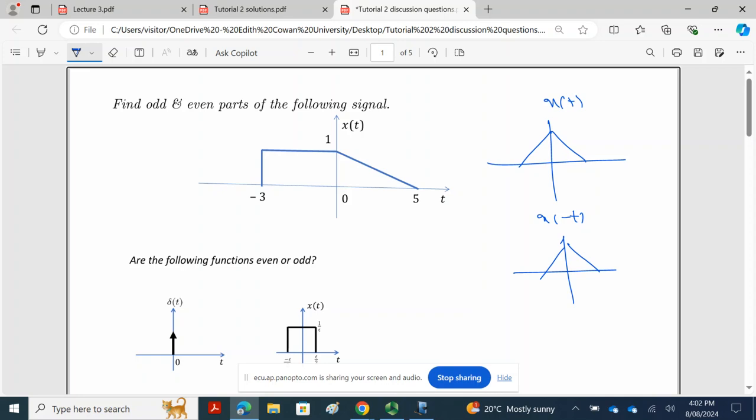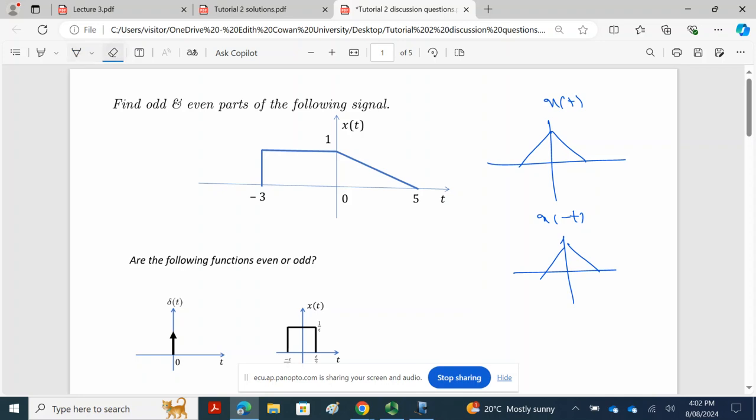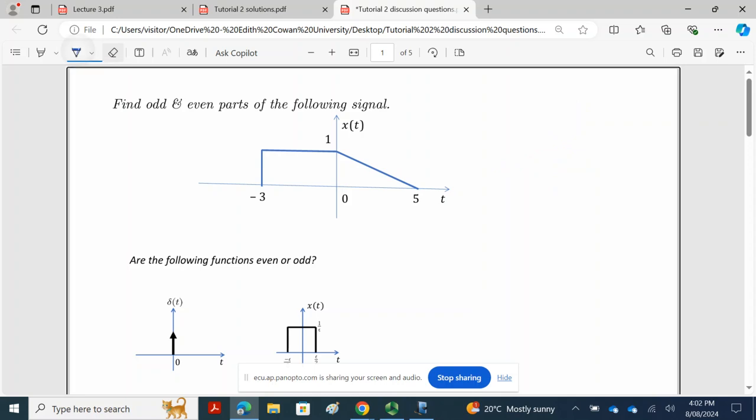That's one type. The other type is, you're given this signal, and then you're asked to find the odd and even part of it, because every signal is made of one odd and one even part. Why am I saying this? Let's say this is odd, this is even.